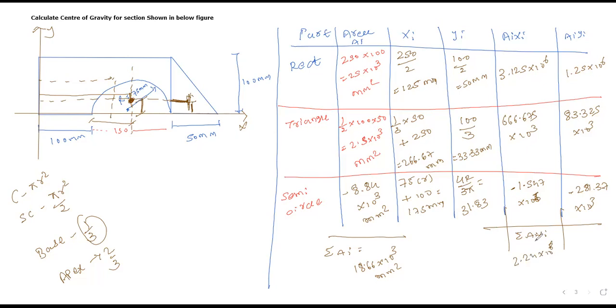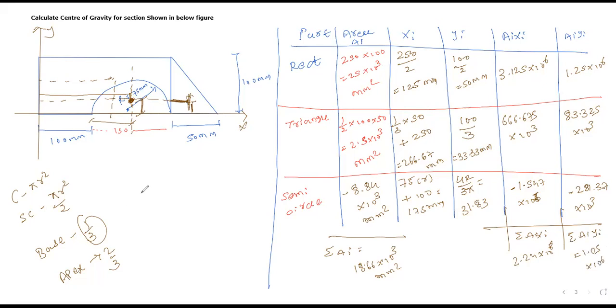Similarly 1.25 × 10⁻⁶ plus 83.325 × 10³ minus 281.37 × 10³. You will get 1.05 × 10⁶ summation AiYi. 1.05 × 10⁶ mm cube, write the unit.